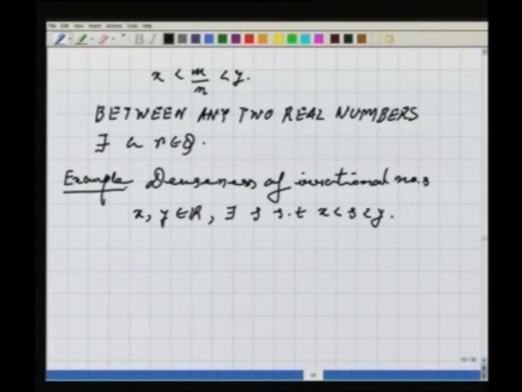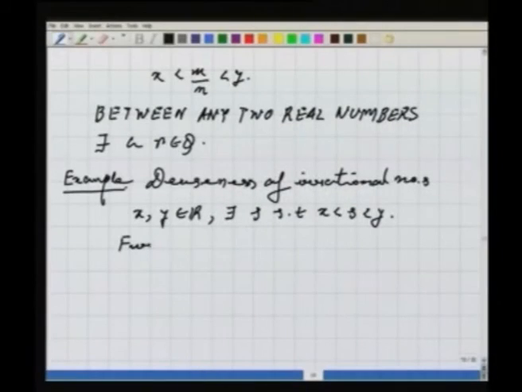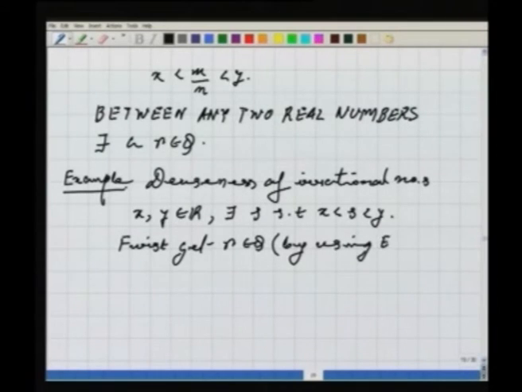Well, how do we go about it? What I do is, given x and y, I can always squeeze in some rational number between x and y, that is by the previous example. I call that number r. That is, first get a rational number by using example 2 such that x is less than r and r is less than y.